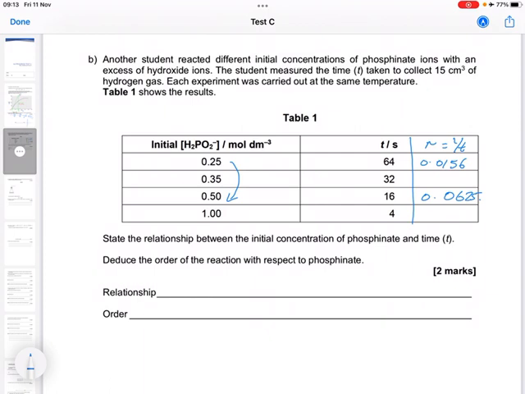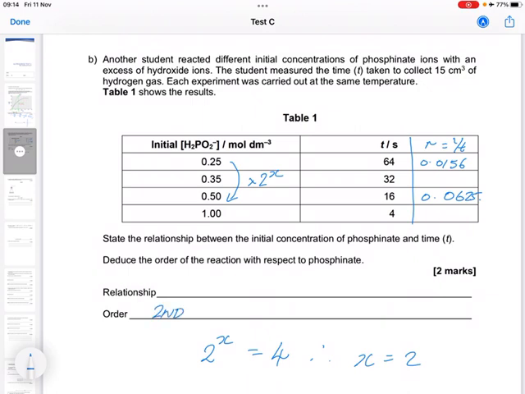So this has doubled here, so that is 2 to the x equals, and then 0.0625 divided by 0.0156 is 4. Therefore, x equals 2. So the order is second order.